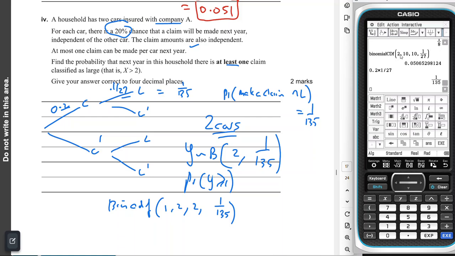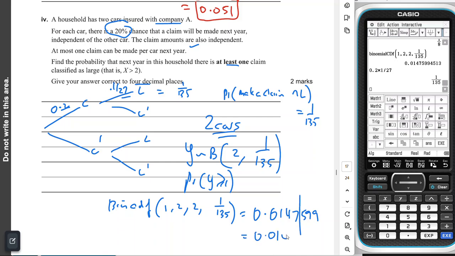And that gives me 0.014759, and we're doing 4 decimal places, so 0.0148.